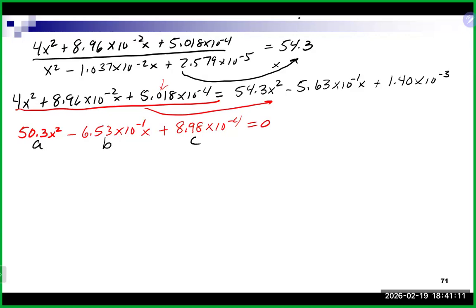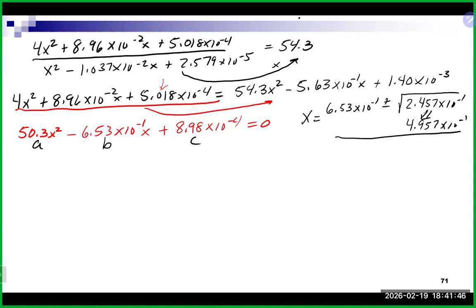All right, so putting that into our quadratic, x is equal to minus b, which would then turn into a positive 6.53 times 10 to the minus 1, plus or minus the square root of b squared minus 4 times a times c. If you do all that inside the square root before you take the square root, you get 2.457 times 10 to the minus 1. After you square root it, 4.957 times 10 to the minus 1.